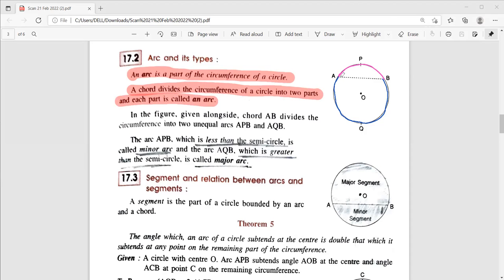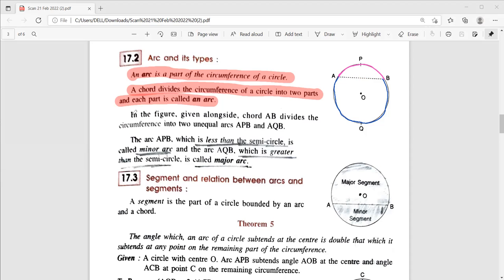You can see here AB, which is the dotted line. AB is a chord. Why? You have a point A and B on the circle, and when you join them, it's a chord. This chord is dividing the circumference into two parts, and each part is an arc.